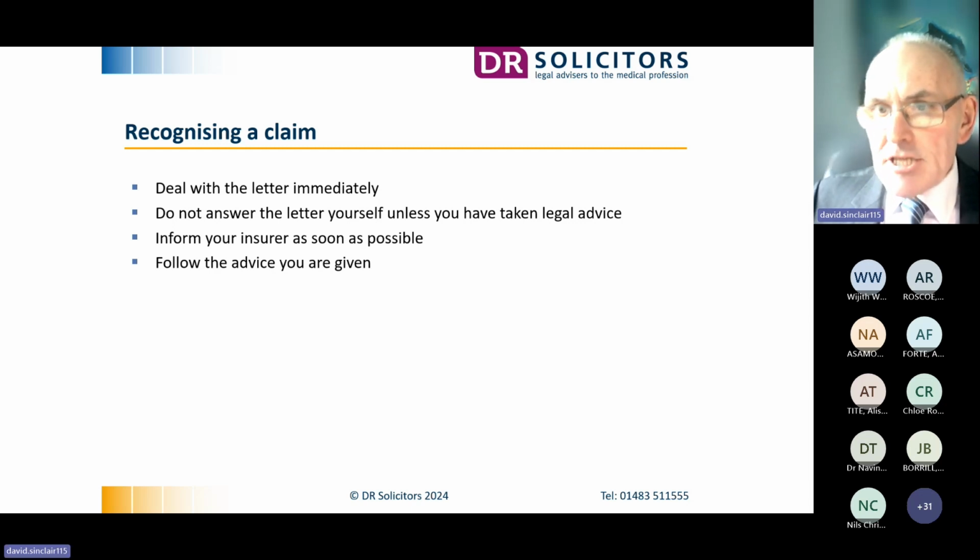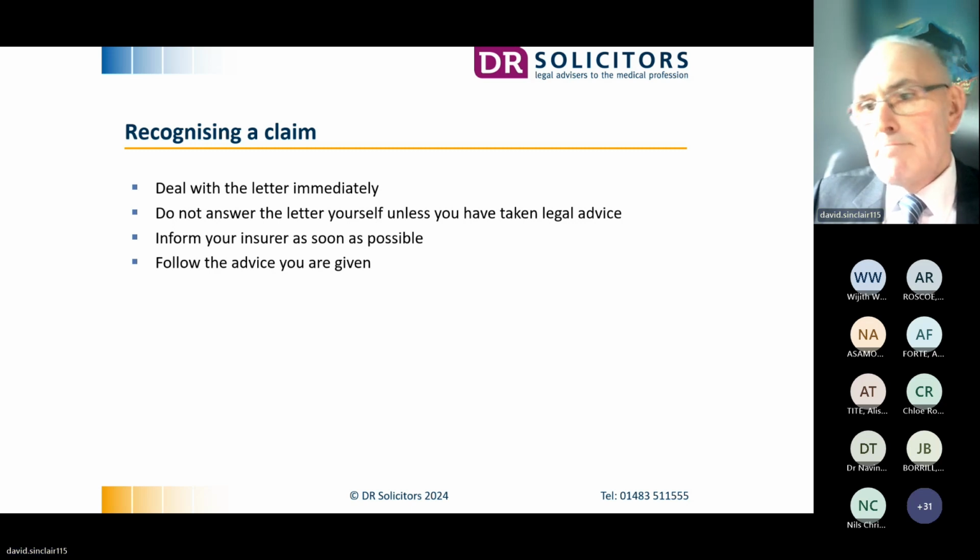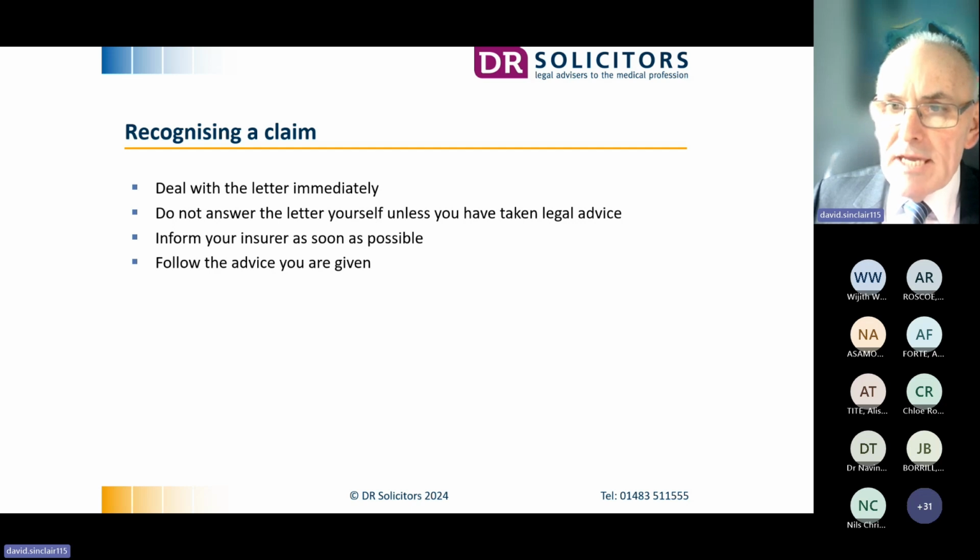A data protection claim is unlike most other claims in that normally the claimant has to prove negligence on your behalf. Data protection, they don't. All they have to prove is that you have breached your statutory duty to them, i.e. the GDPR or DPA, and that breach caused them harm.